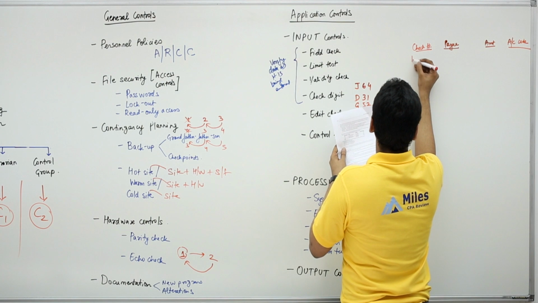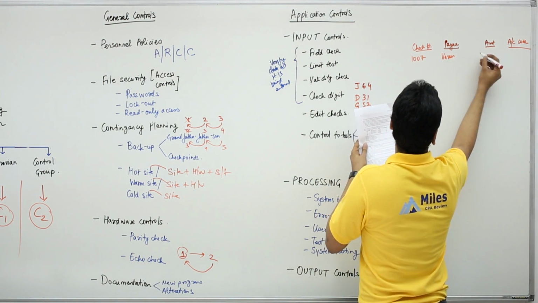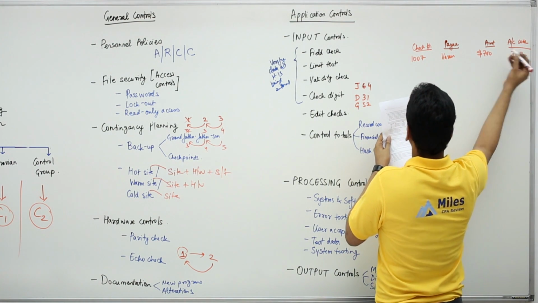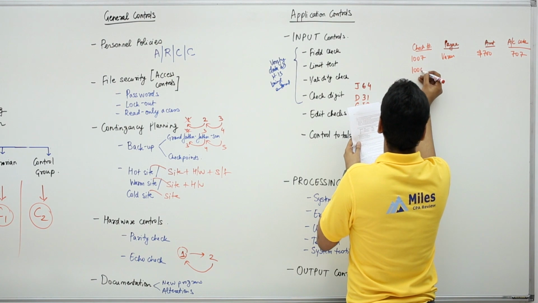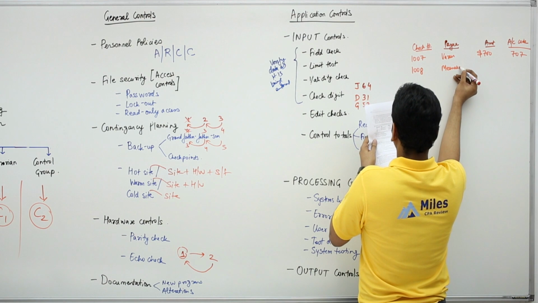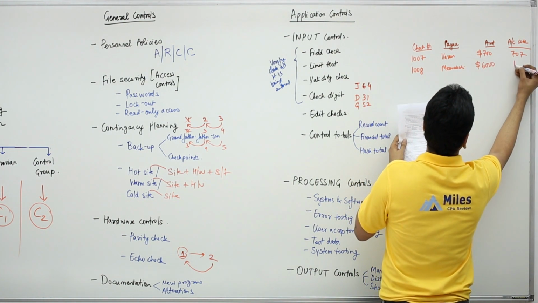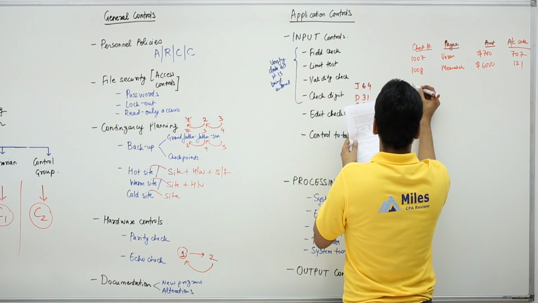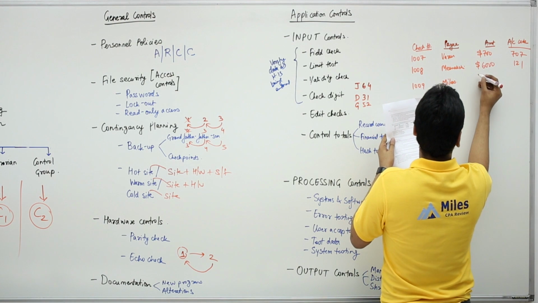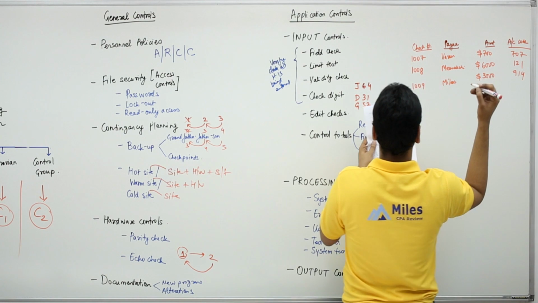Check number 1007, payee is Varun, it's $700, account code 707. Check number 1008, payable to Meenakshi, amount is $6,000, account code is 121. Check number 1009, payable to Miles, amount is $3,000, account code 914.